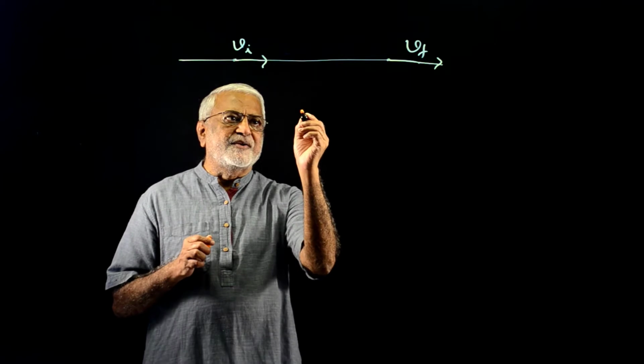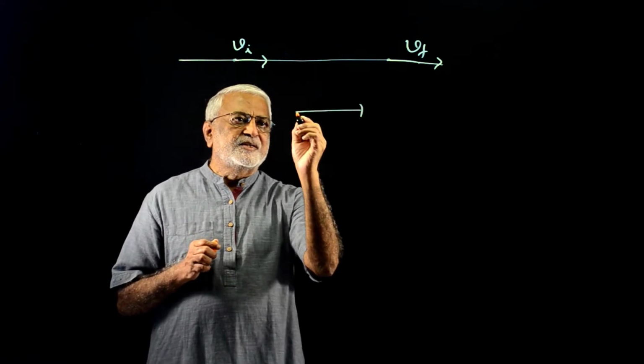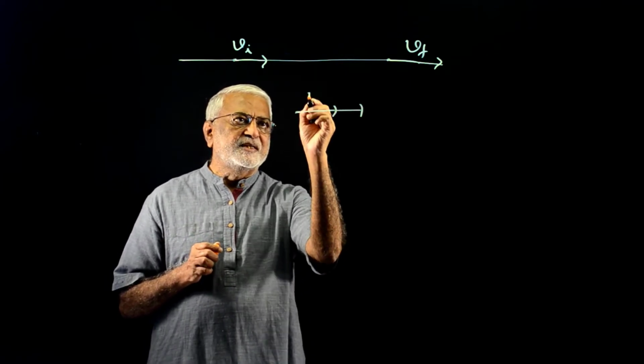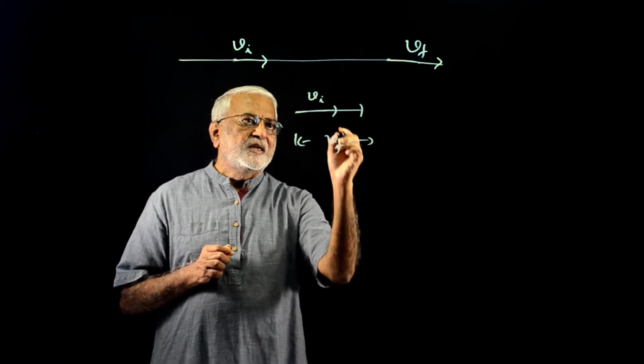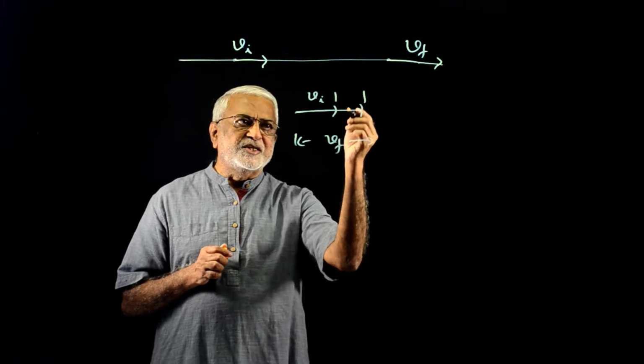So if this is Vi, this is Vf, this is our delta V, the change in velocity.